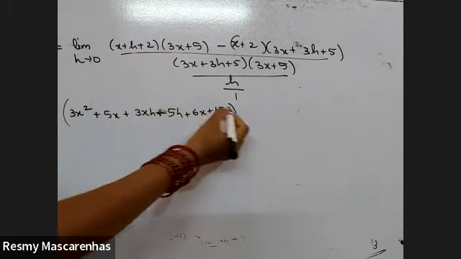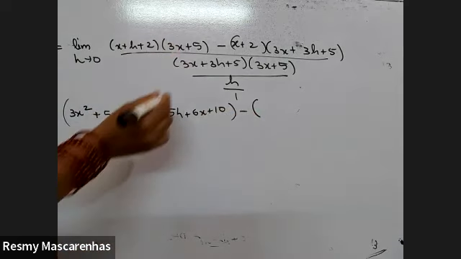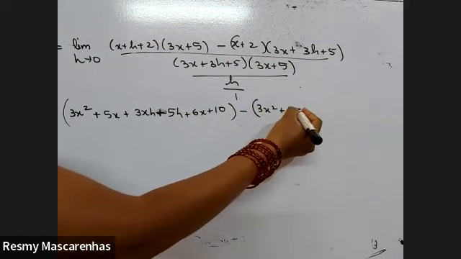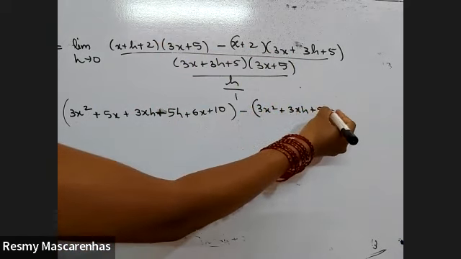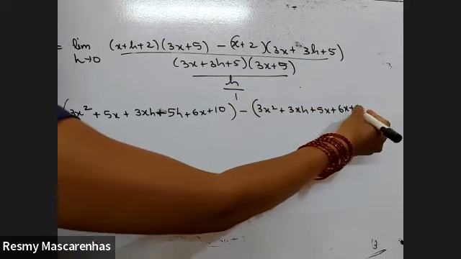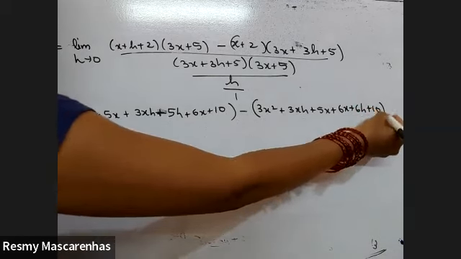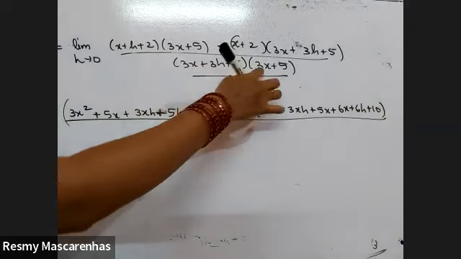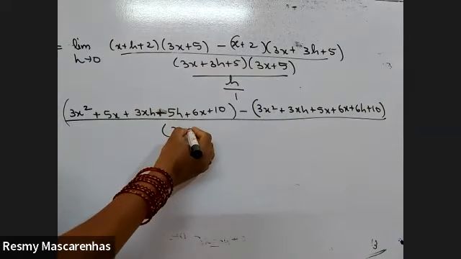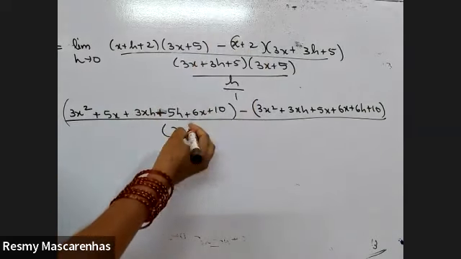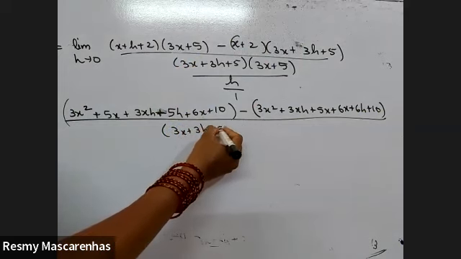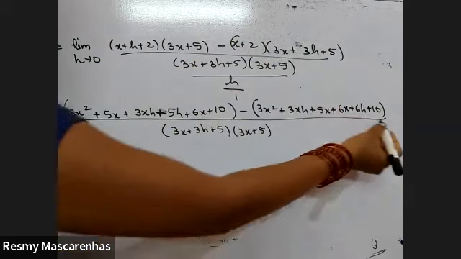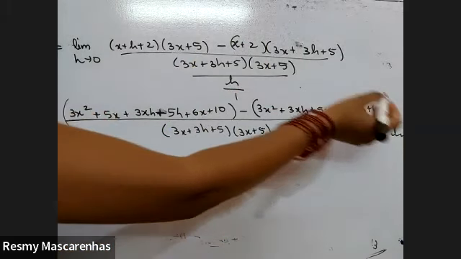This is this part minus the bracket, again multiply this 3x square. Don't simplify this, keep this answer as it is. Only simplify the numerator. And this will reverse and become 1 by h.